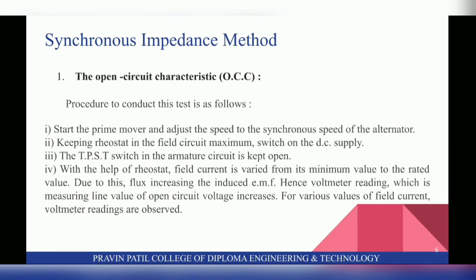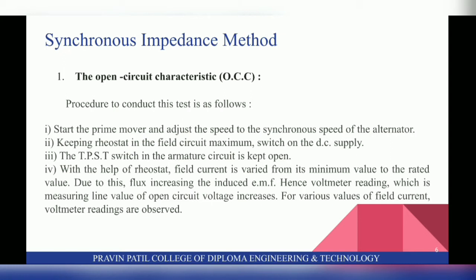Synchronous impedance method. So first is the open circuit characteristics, that is OCC. Procedure to conduct this test is as follows. So first is start the prime mover and adjust the speed to the synchronous speed of the alternator. Keeping rheostat in the field circuit maximum, switch on the DC supply. Third is the TPST switch in the armature circuit is kept open.